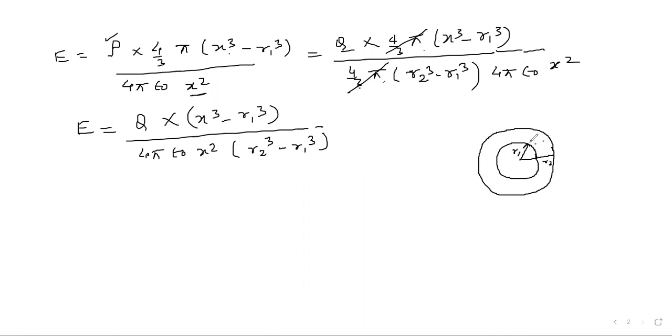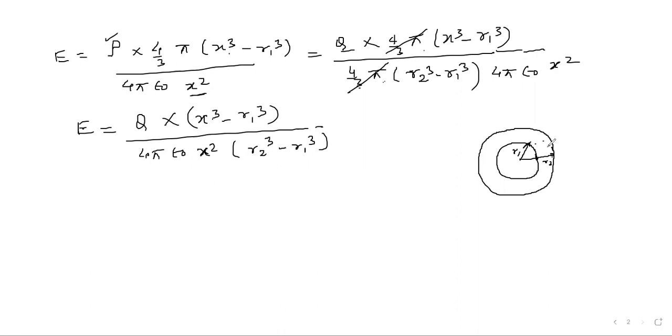So here clearly the power of x in the numerator is 3, whereas in the denominator it is 2. So we can say that in the region from R1 to R2, electric field will be proportional to x, meaning as x increases, electric field will also increase.